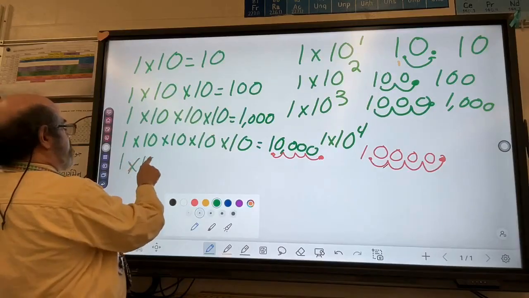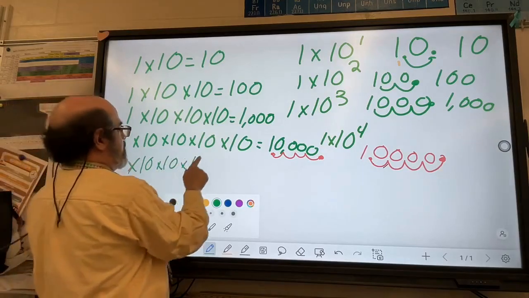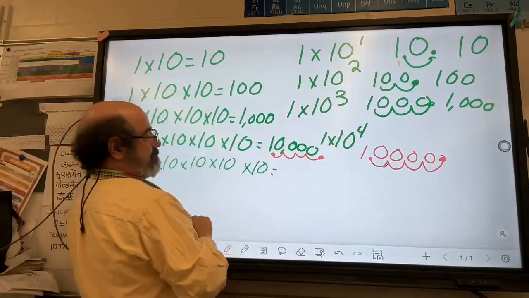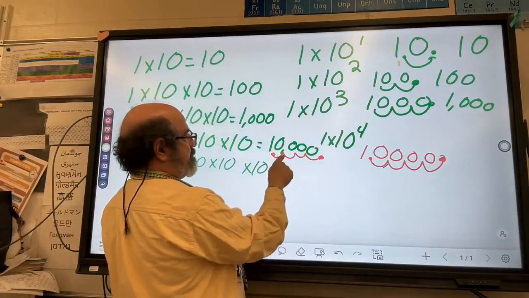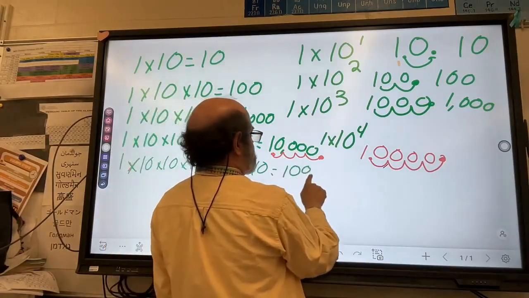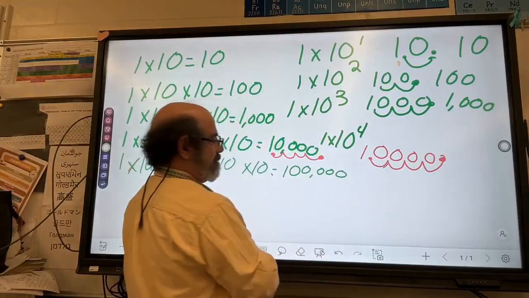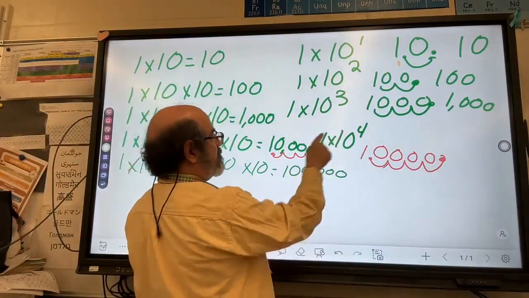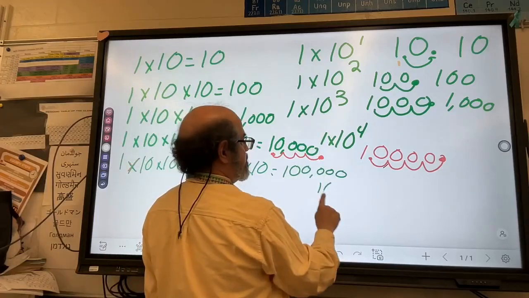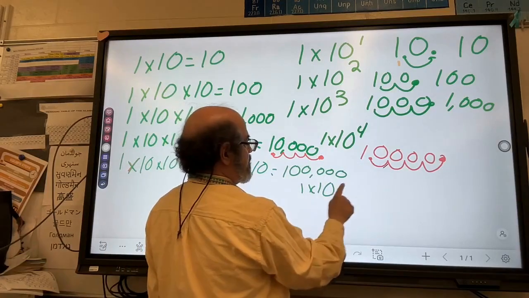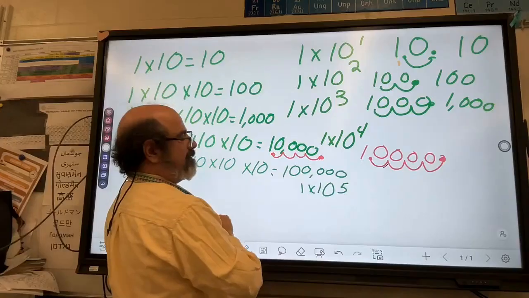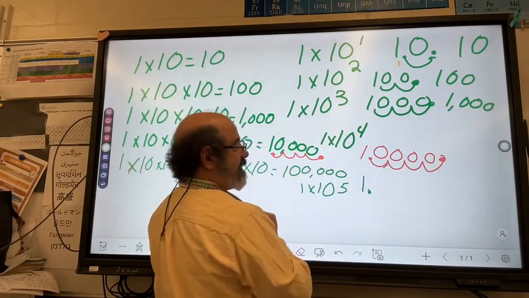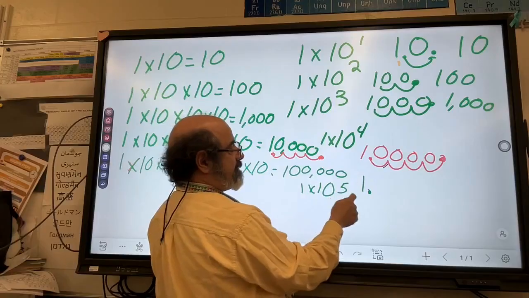1 times 10 times 10 times 10 times 10 times 10, which gives us not 10,000, but 100,000, which is also 1 times 10 to the 5, which is taking the 1 and then moving the decimal point 5 spaces.